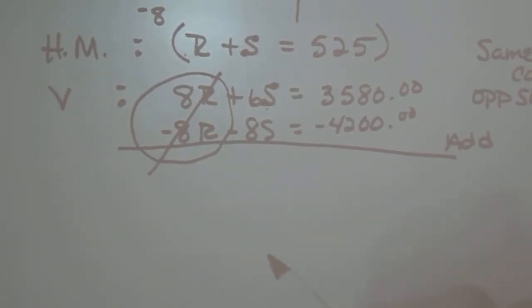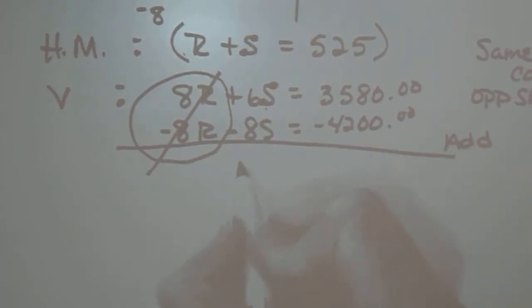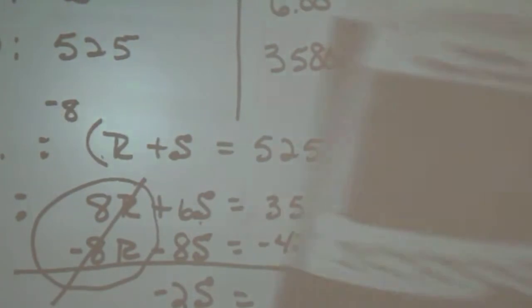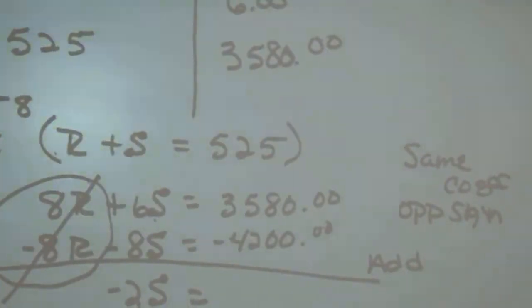Say that louder. -2, very good, and this is S. Now we might need a calculator to type in 3580 minus 4,200. So we get -620.